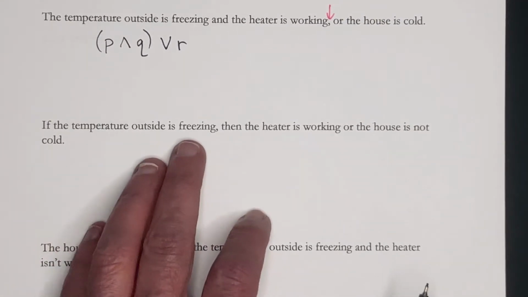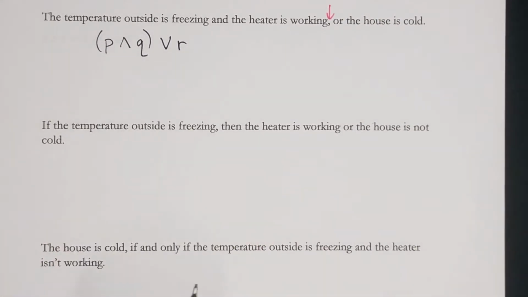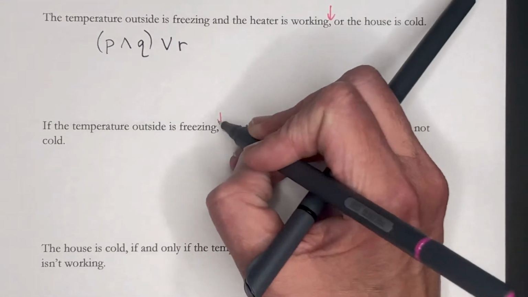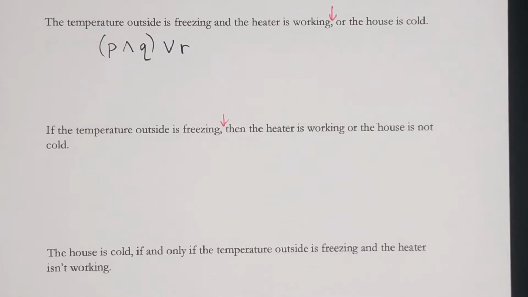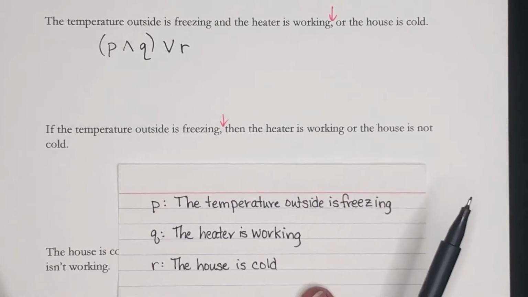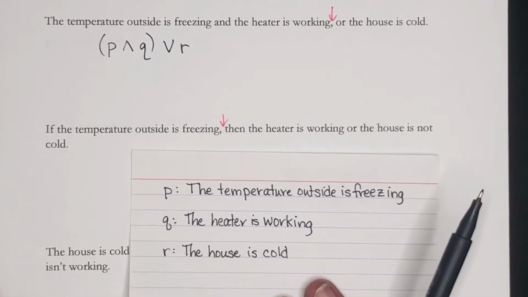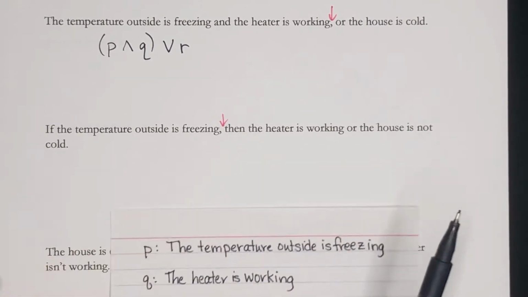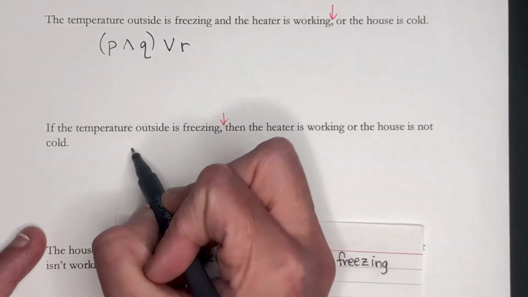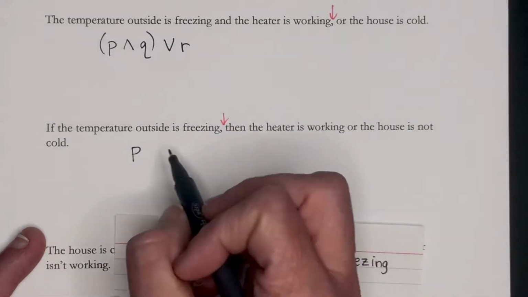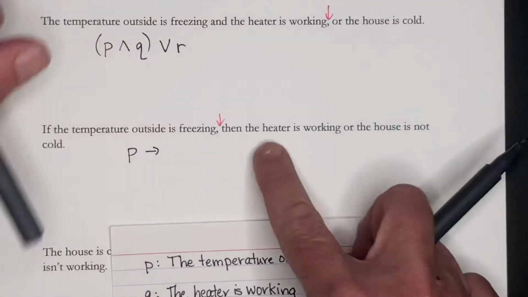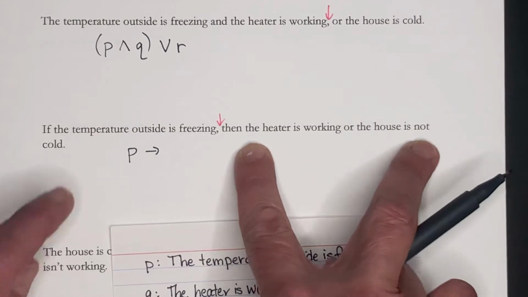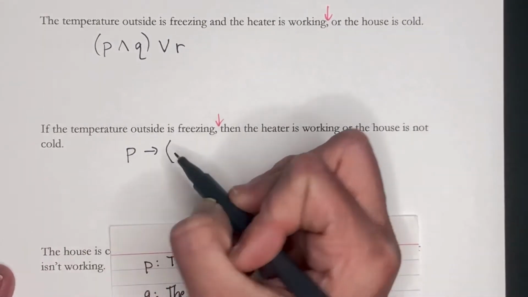If the temperature outside is freezing, comma, then the heater is working or the house is not cold. Okay? If the temperature outside is freezing, that's P. So if P, then, this part is set off by a comma, so whatever comes here is going to go in parentheses.